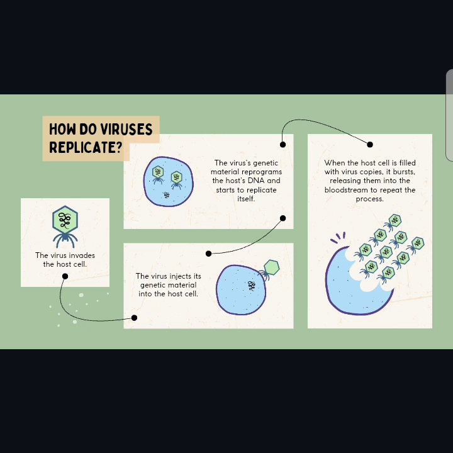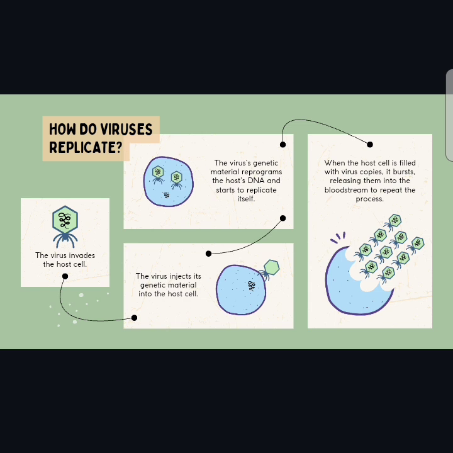After that, it tells the cell to stop its normal work and start making virus parts. It takes over the cell mechanism and instructs the cell to stop its normal working and start making viruses like me.